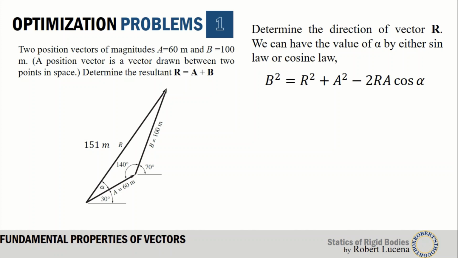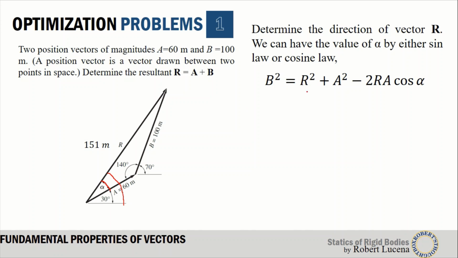To get the direction of vector R, we can still use the cosine law, but sine law is okay, but I will discuss why I prefer cosine. So in this case, we are looking for this angle alpha. If we get this angle alpha, we can determine its angle measured from the positive axis.